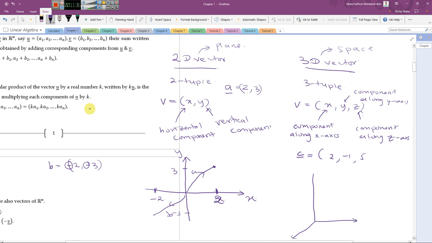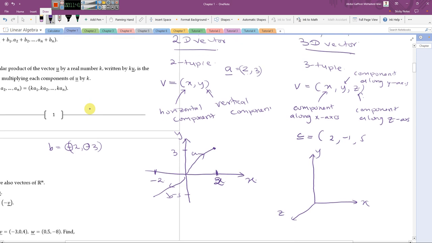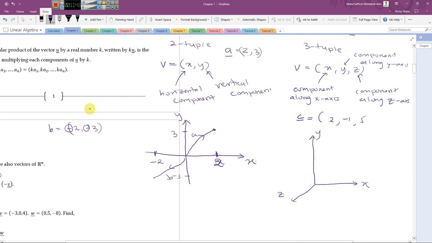Let's say this is x-axis and this is y-axis and this is z-axis. So along the x-axis, the first element indicates the component along x-axis. So since the sign is positive, I have to move right side along the x-axis, right, in the positive direction. So let's say this is 2, and if you look at the y component is negative. So if this is y, so this is also y, but this is negative y.